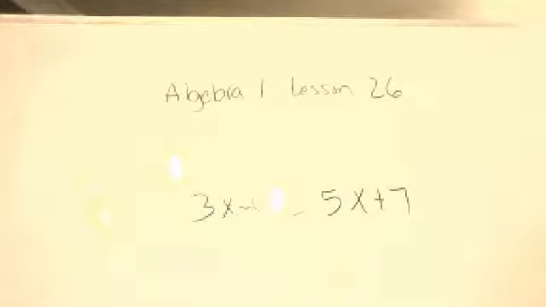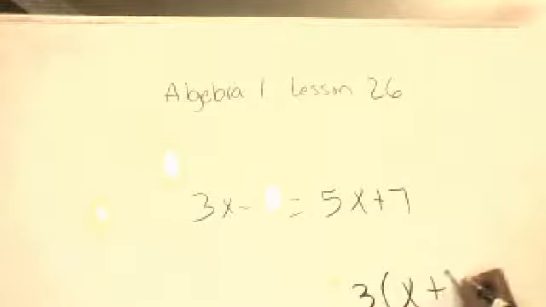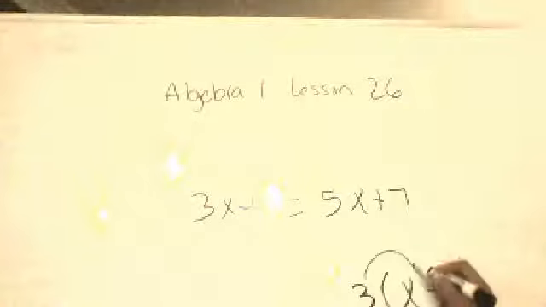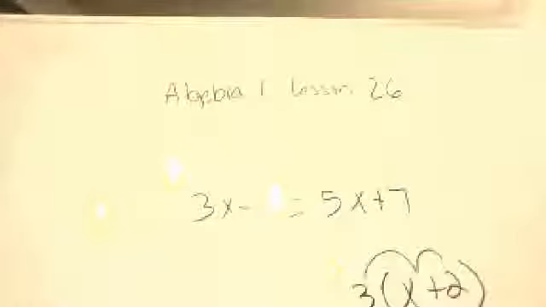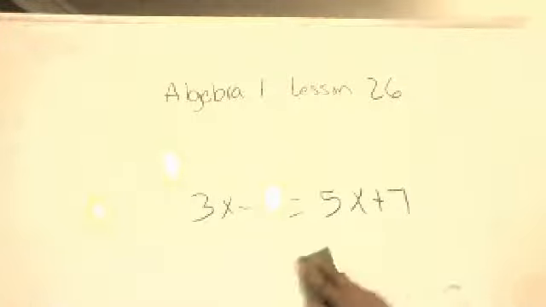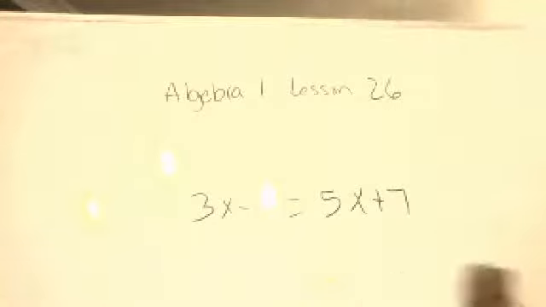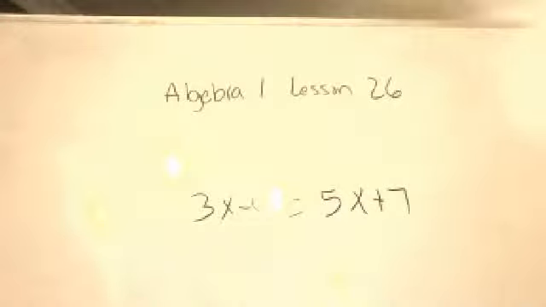The first thing you want to do is use the distributive property. Remember, the distributive property is when you have parentheses and you have to get rid of them. We don't have the distributive property here. So the next thing is to combine any like terms on either side of the equation.